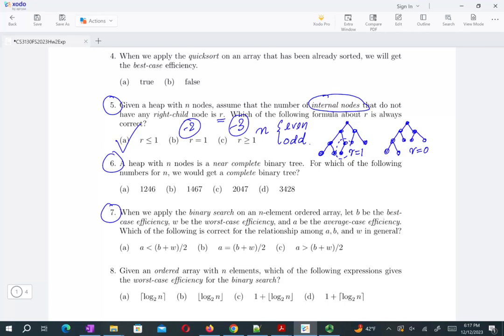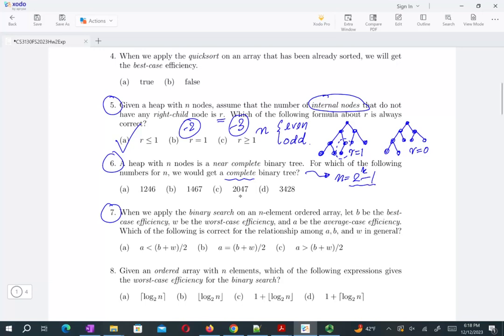Question number 6. A few students missed this one. You need to identify that property, complete binary tree. For a complete binary tree, we know n must be 2 to the k minus 1.